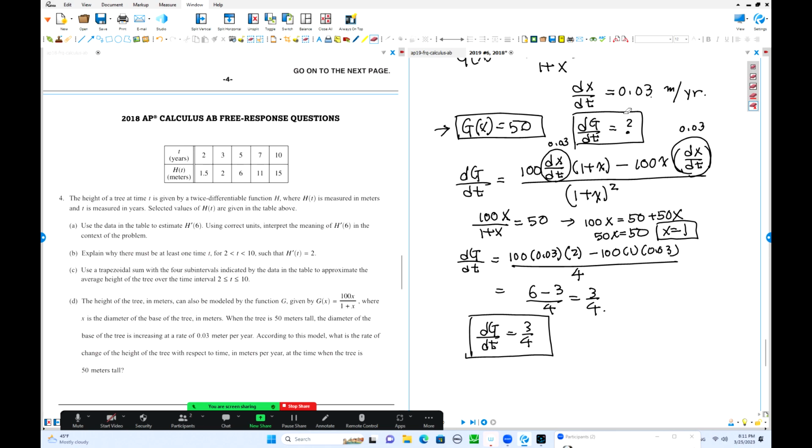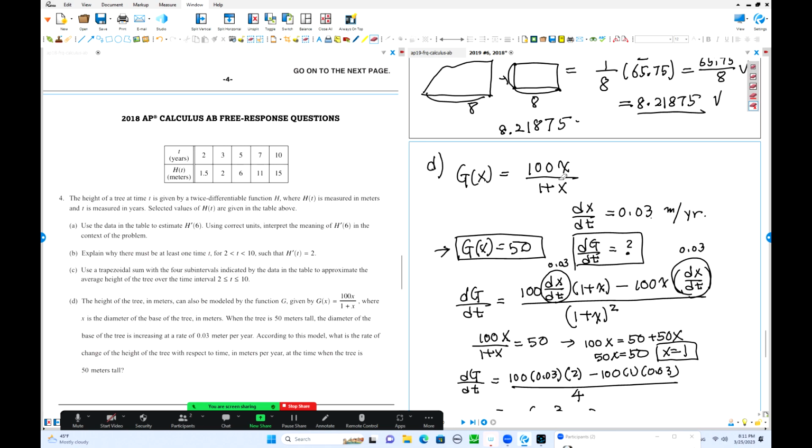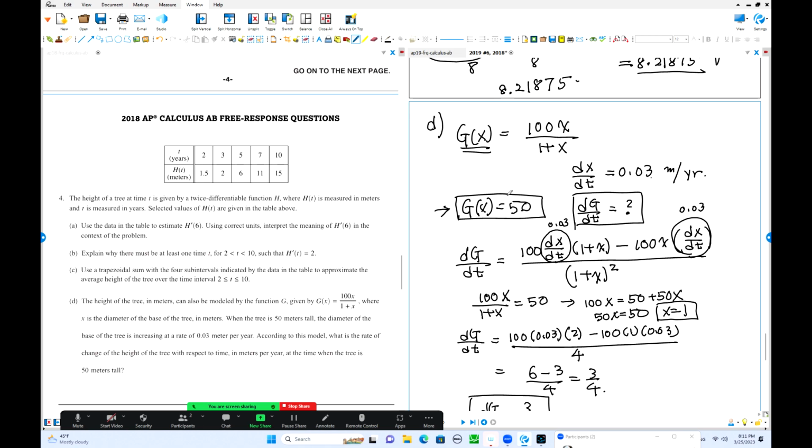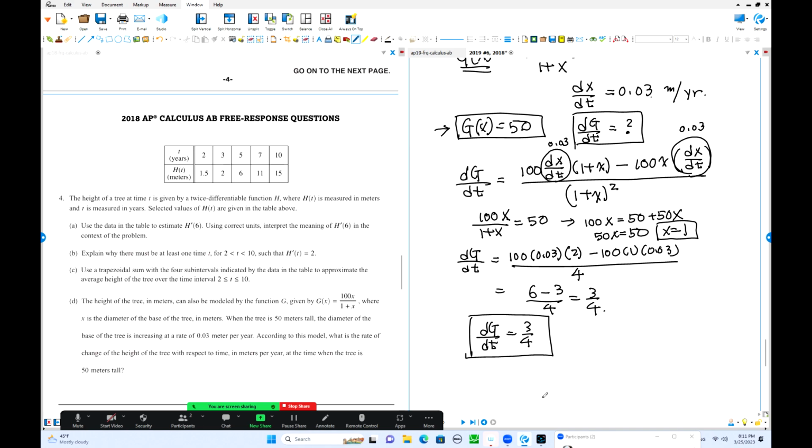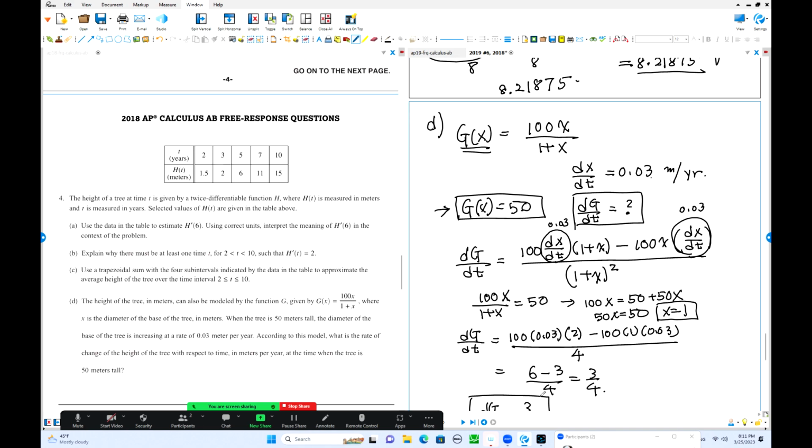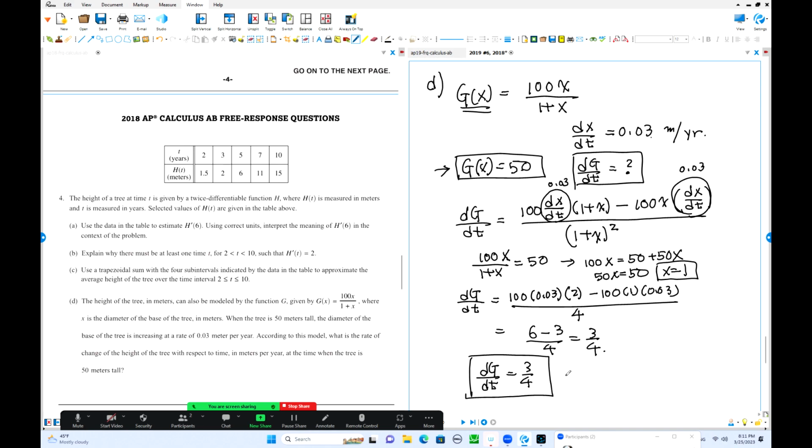We don't need the h. We just only need g of x defined this way. But this is a little more work, right? But this is still what? Linear rate problem. That is number 4, okay?